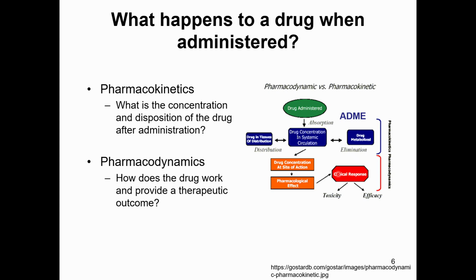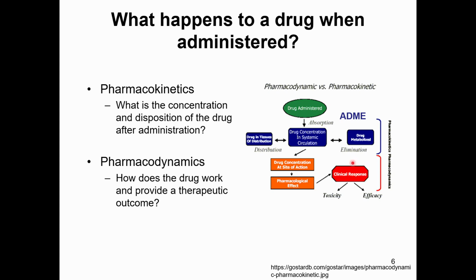Or maybe it causes the cell to change shape. Or if it's a muscle cell, maybe it contracts or relaxes. So what is the cellular physiology that's elicited by that receptor? The drug activates, or in some cases inhibits, that receptor. So this is the clinical response, the medical response.